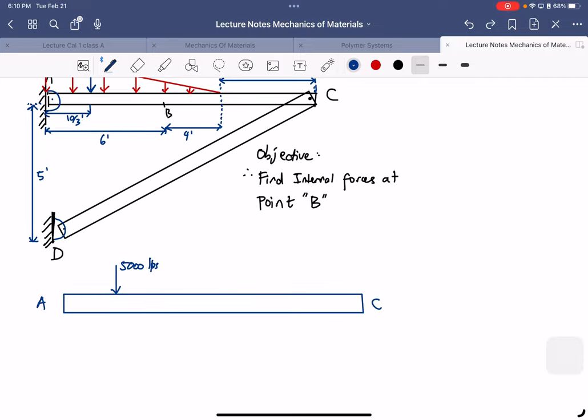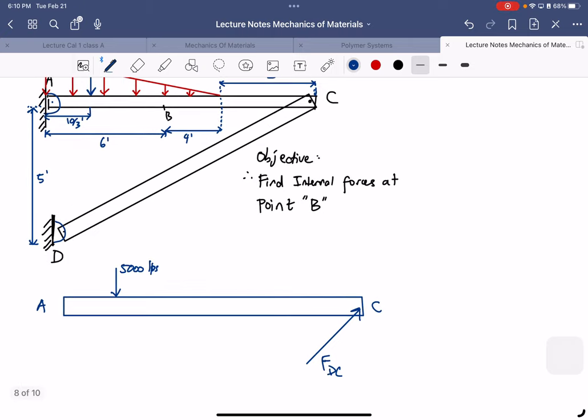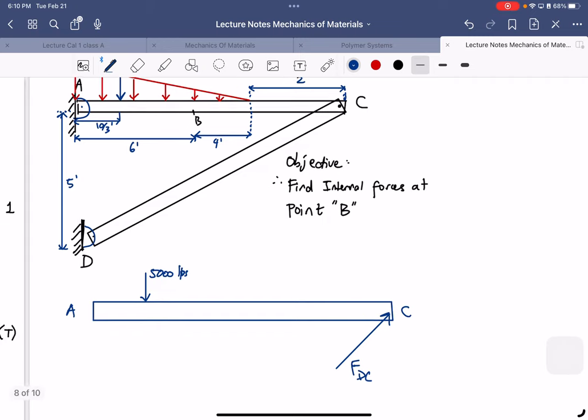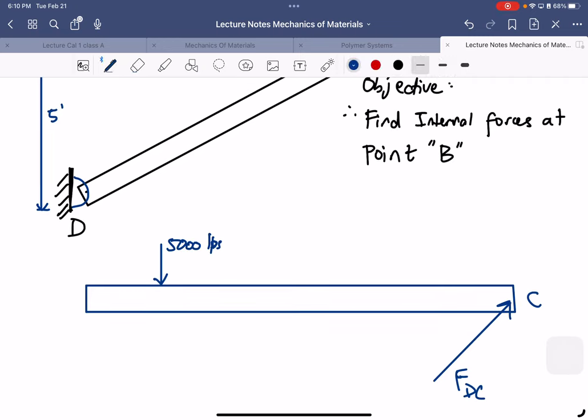Let me write with maybe blue color. So this is FDC. And then we can write the reactions for point A, so AX and AY, like that.